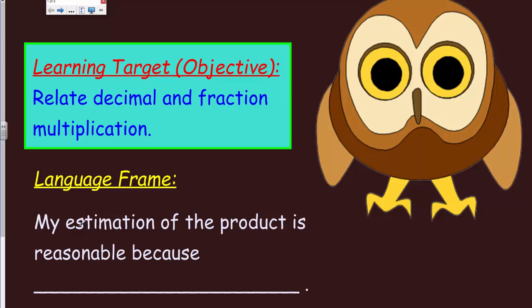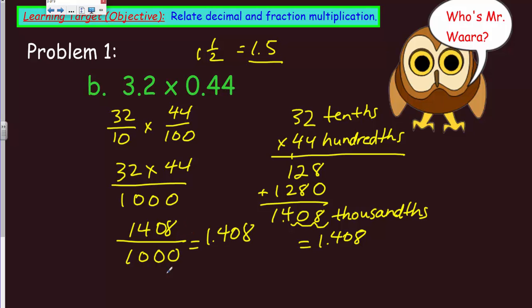It said my estimation of the product is reasonable because my actual answer was close or extremely close to my estimation. In this case, we estimated 1.5, and we ended up with an answer of 1 and 408 thousandths, and so that's reasonable. The purpose of this language frame is to use those words to help us solidify and get a good understanding of our math concept. So here's the problem again, which we finished up. Now let's go ahead and do another problem.